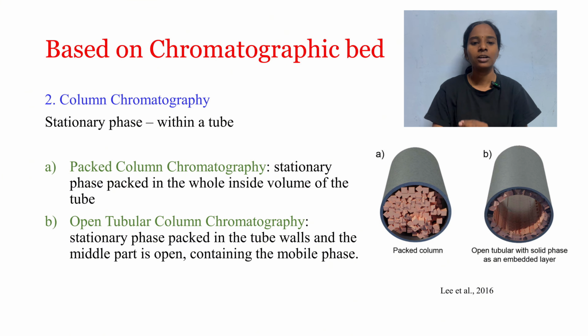In that case, we call it packed column chromatography. In some cases, the stationary phase only fills the border of the tube and is not filled inside the tube. So there is an inside hollow region which is generally used for the movement of the mobile phase. This type of chromatography we call open tubular chromatography.